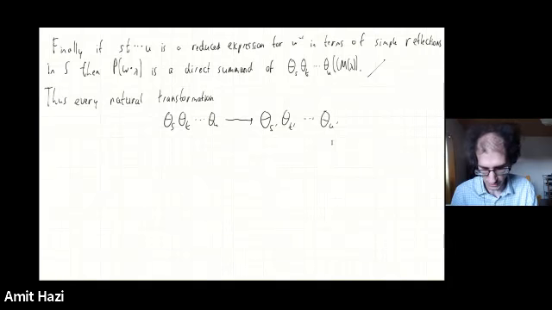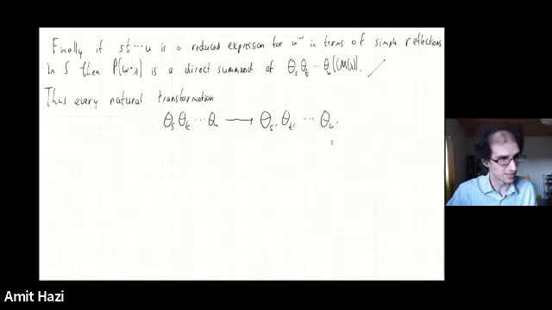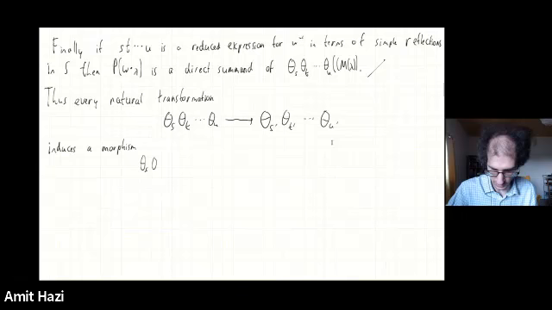Well, if you have a natural transformation of these sorts of functors, it's going to automatically induce a morphism of modules in O lambda. Which modules? Well, take these functors and apply them to your Verma M of lambda.